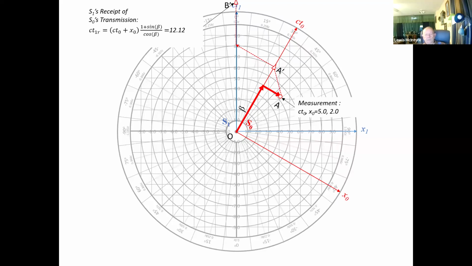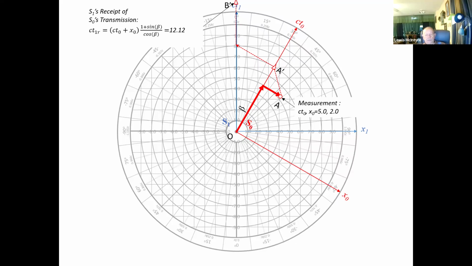S0 communicates its measurement to S1 by light, Doppler shifted with equal units of space in S0 and equal units of time in S1 to locate B prime, which is S1's time of receipt.